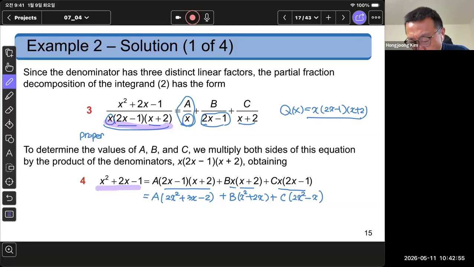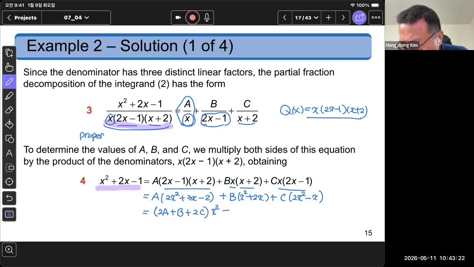Okay. So if I consider the second order term on the right, the coefficient will be 2A from the first term and B from the second term and 2C from the third term.